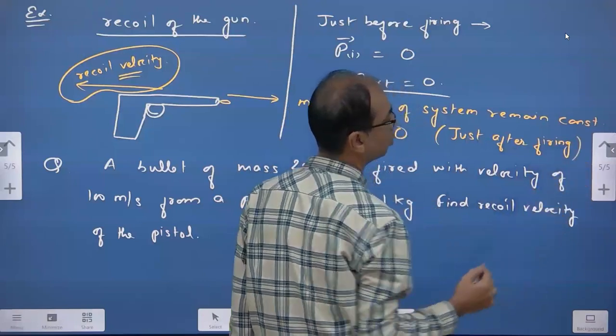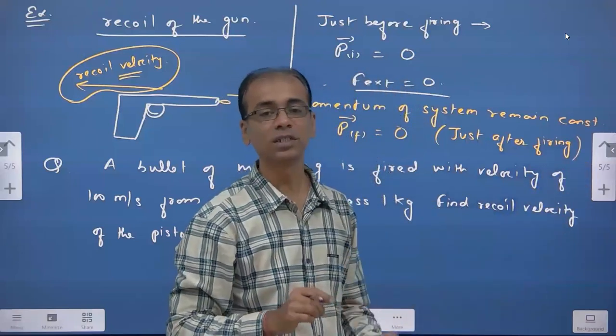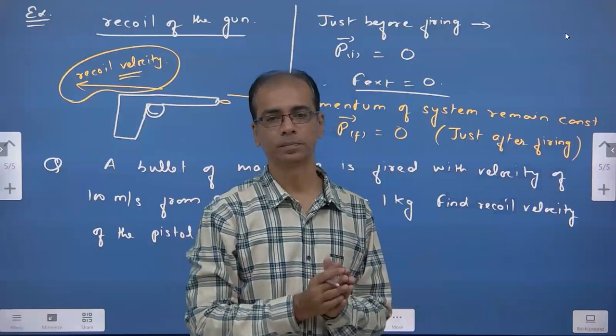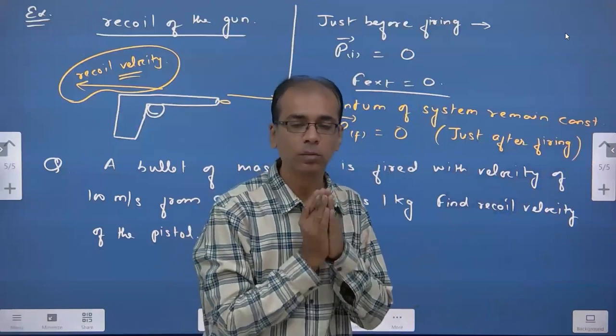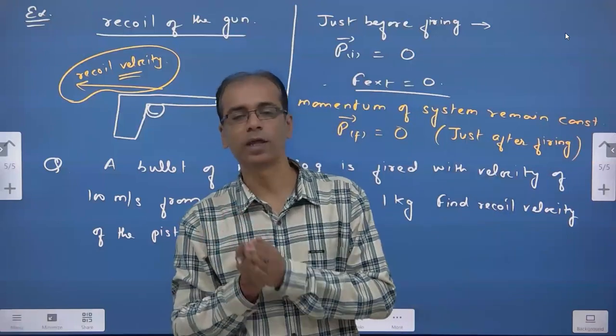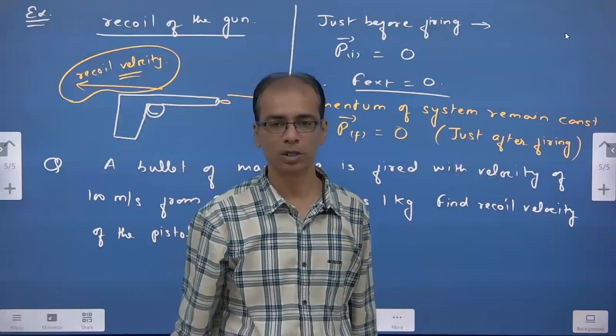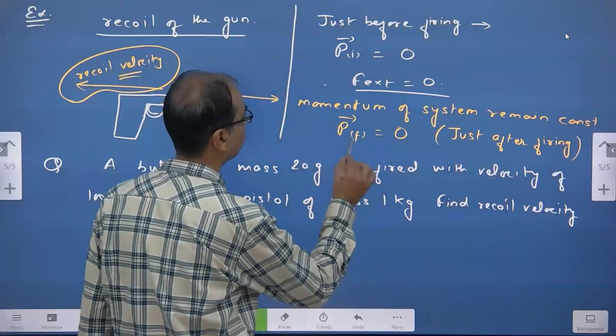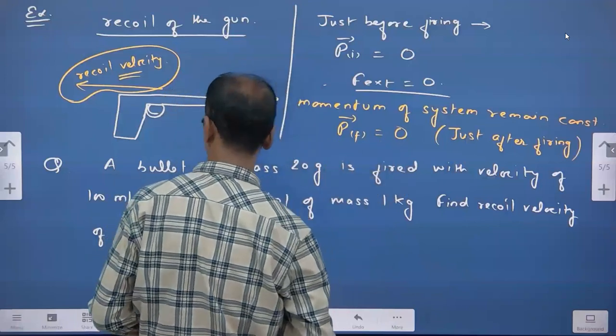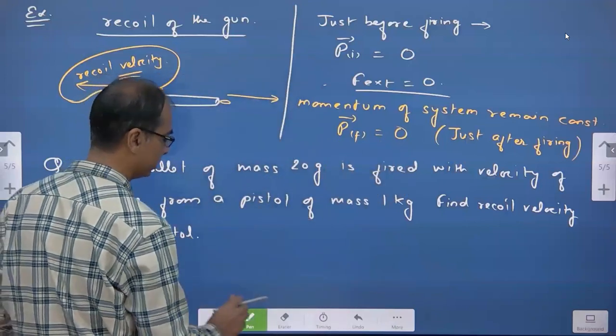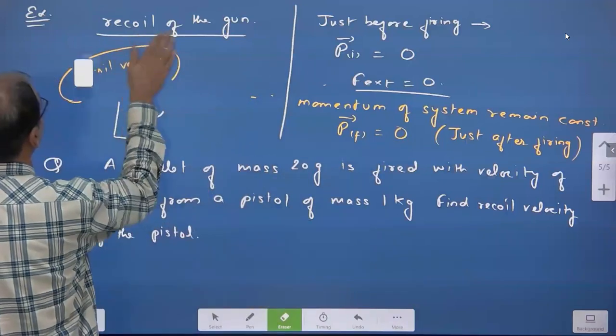That means we are going to see an event happening. What is the event here? Firing. So momentum just before firing and just after firing is constant, because no external force is there. So momentum final is also 0.